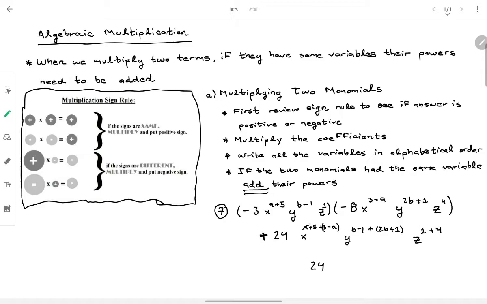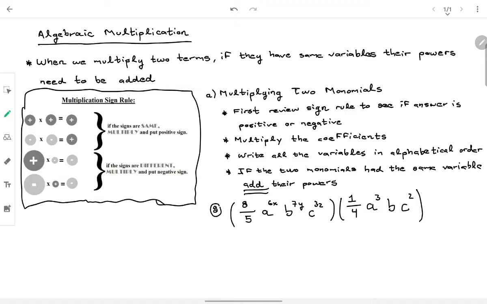In this case, a minus a, we can eliminate it, so it will be x to the 8. Y, in this case, b and 2b, it's 3b, minus 1 plus 1 gets eliminated, c to the 5th. So this is going to be our final answer, 24x to the 8, y to the 3b, and c to the 5th. So we will only do another example of monomial and monomial to go to the next topic.